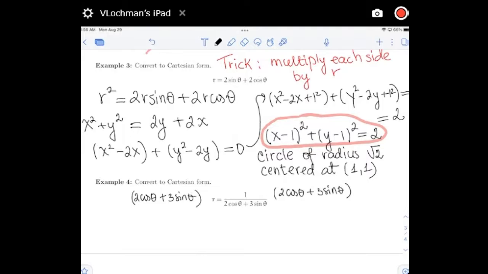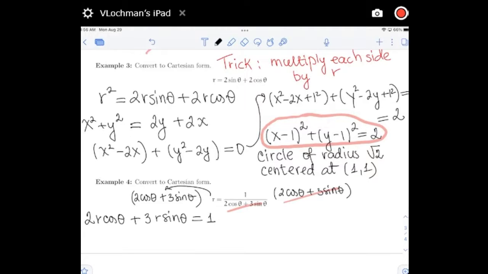Now once that happens, numerator and denominator are gone. And what do we have left? I'm going to go ahead and distribute that r. So we're going to get 2r cosine theta plus 3r sine theta is equal to 1.